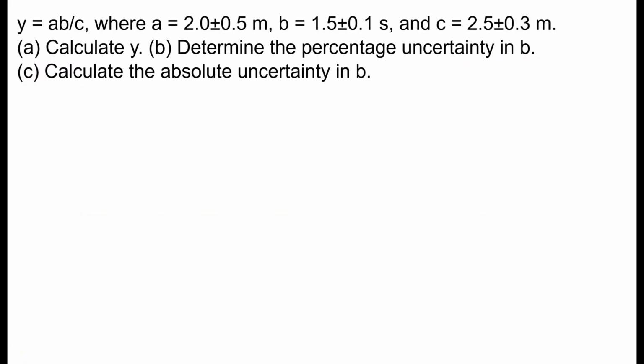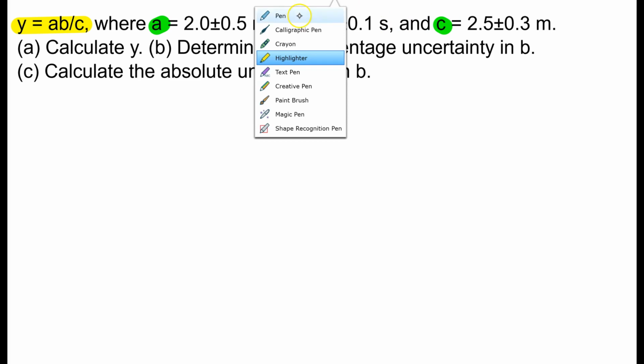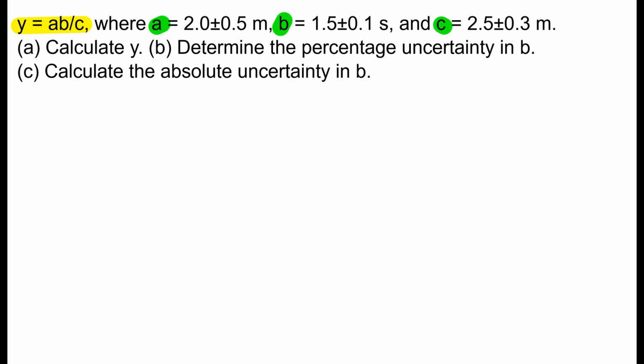Here's a sample problem. We have this formula, and we're given values of A, B, and C. Okay, this is pretty straightforward, and first we have to find the value of Y. Well, we just plug in. The problem should have stated to include units, so let me do that as part of my work. A, B, those are in the numerator.